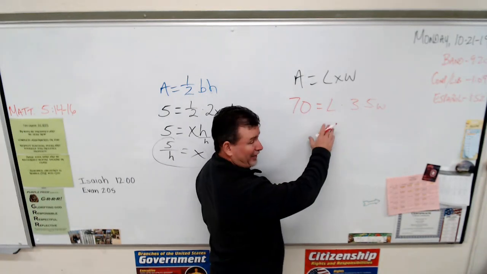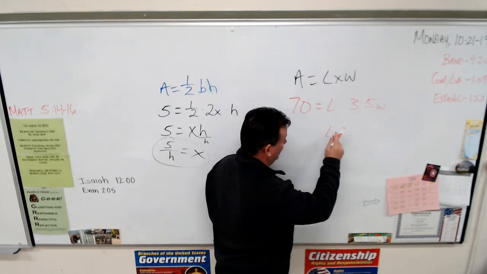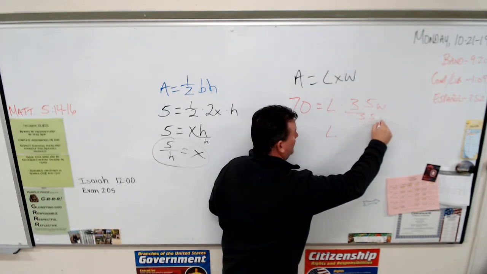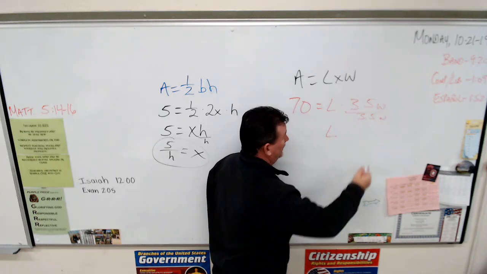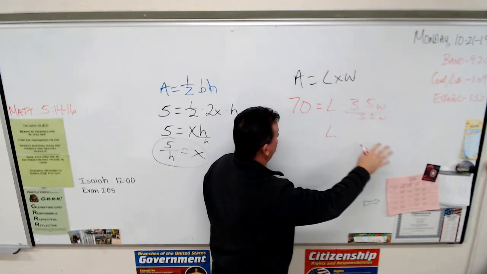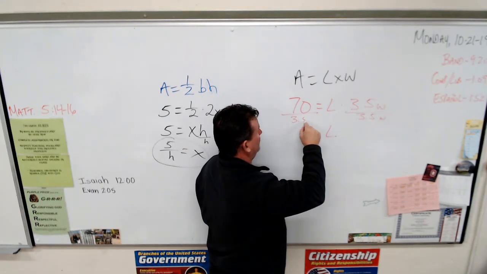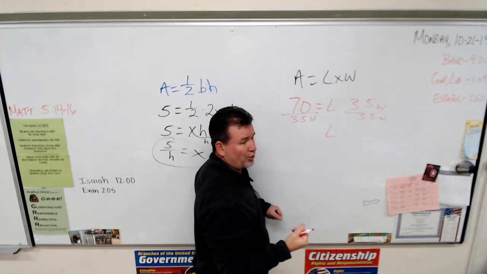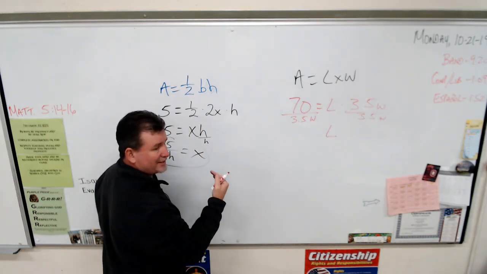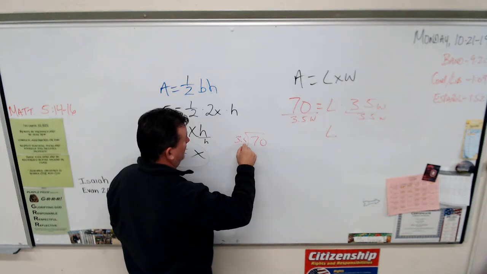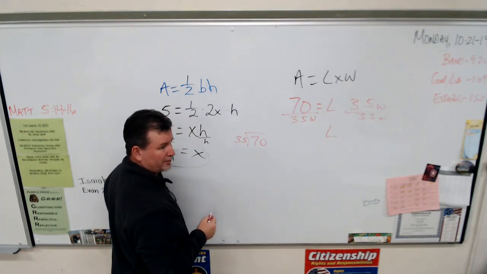I have to divide. In order to get L by itself, I have to divide this side by 3.5 W. And if I divide this side by 3.5 W, I got to divide this side by 3.5 W. So the answer is, what is 70 divided by 3.5?